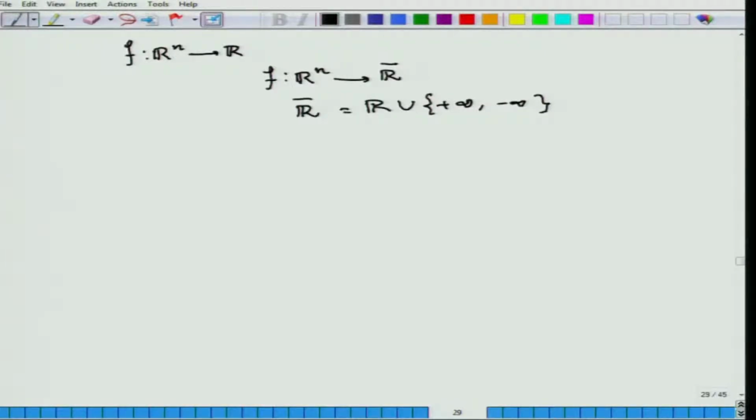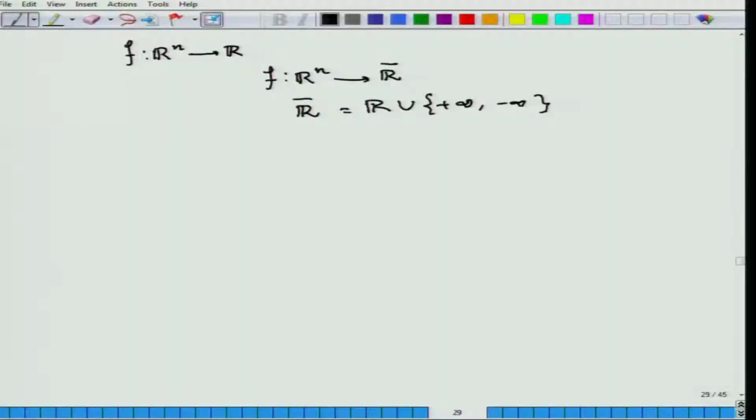Now, if I have a convex function of this form, can I define a subdifferential of this function? The answer turns out to be interesting, and it is yes.